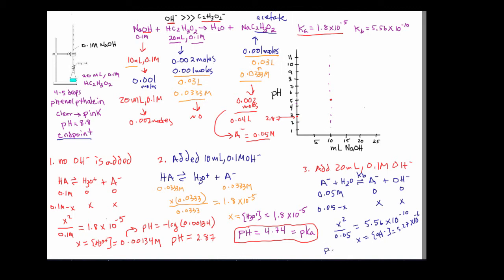So the pOH for the solution, taking minus the log of that value, is going to be about 5.28. The pH, which is what we need, and I got this by taking 14 and subtracting 5.28, is going to be equal to 8.72.